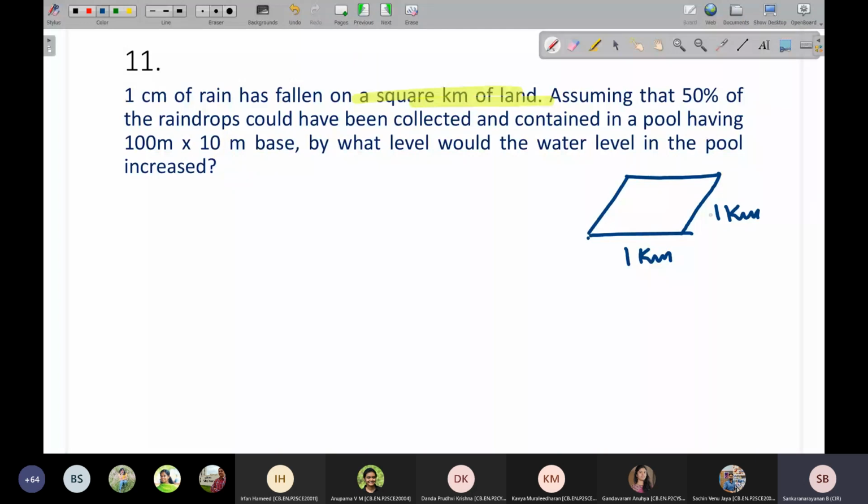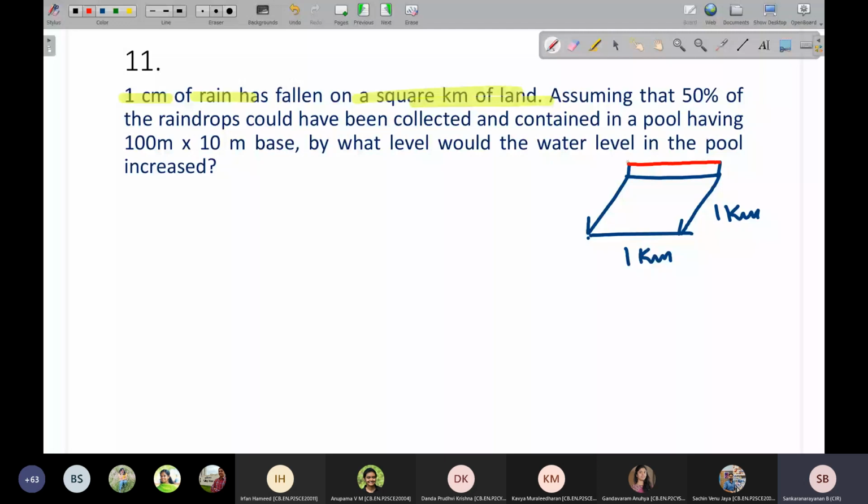Rainfall happens in this 1 square kilometer area, and it is given that it corresponds to 1 centimeter of rain. It means that when the rainfall happened, the water level was 1 centimeter in height.